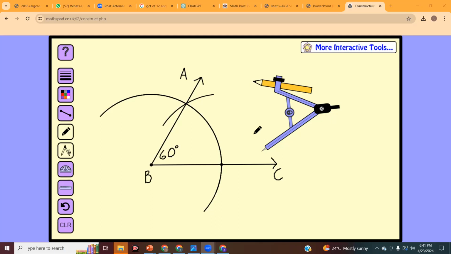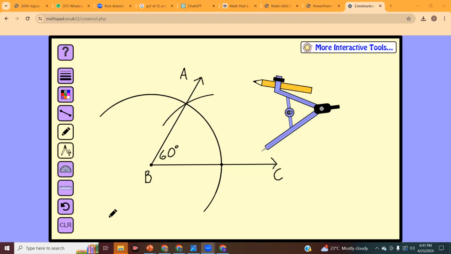Where is Samantha? Samantha, can you explain how we got the angle ABC? Go ahead, Samantha. Yes, sir. At first, we draw a line, and we're gonna label it B and C. Then we're gonna take a compass and put an arc in between B and C. Then we're gonna draw another line, put it in the center, and let it come to intersect at the top.